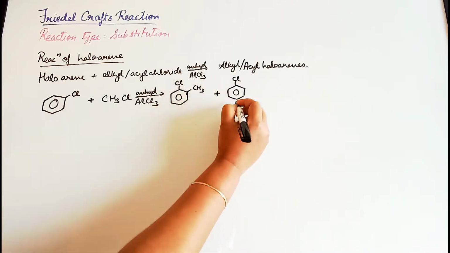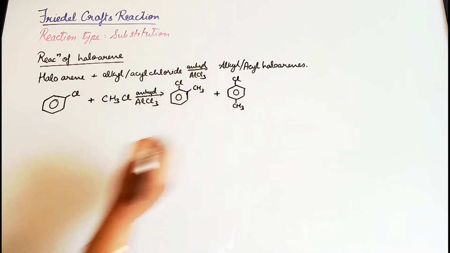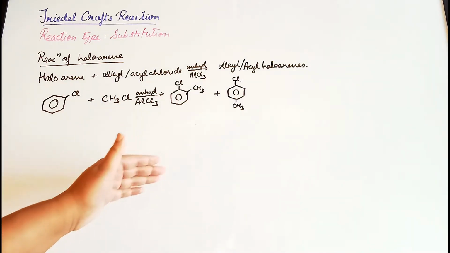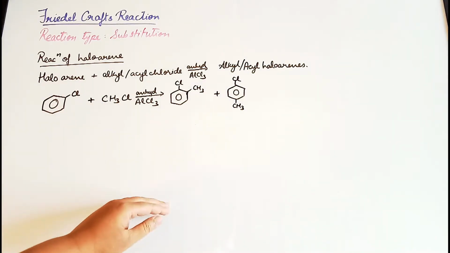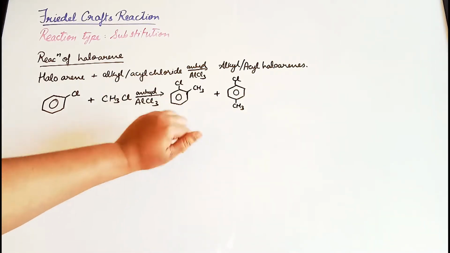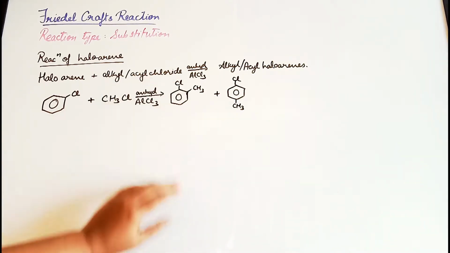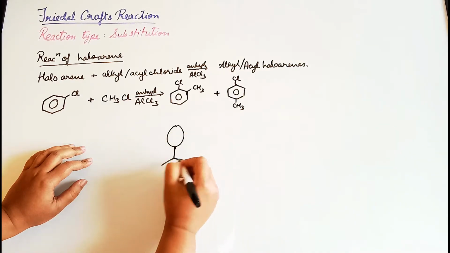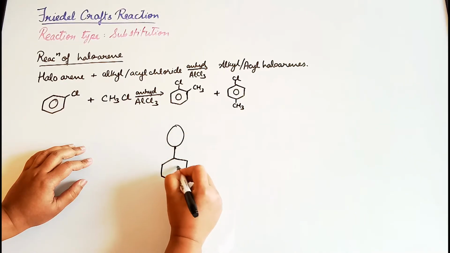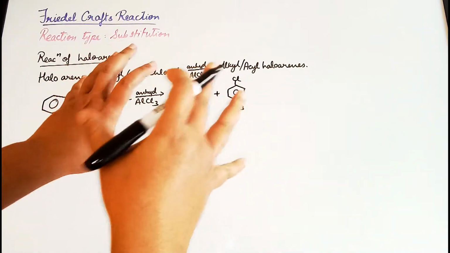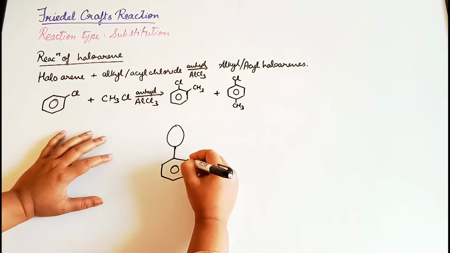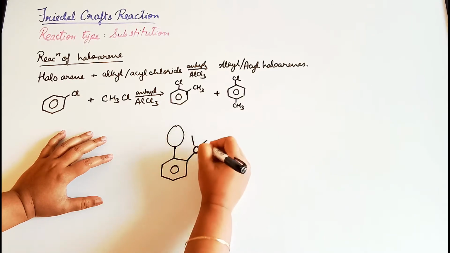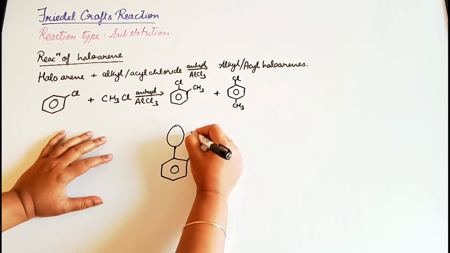If you would like to pause and think about which of these products is going to be major and why, here is the case. First of all, chlorine in itself is a big atom. It's a big atom as such. And then you have a carbon which is attached to 3 hydrogen atoms.